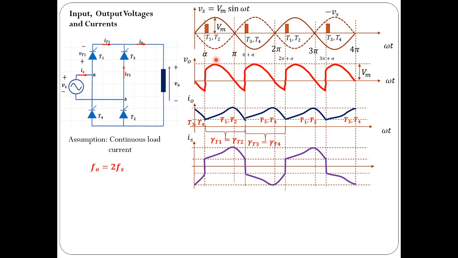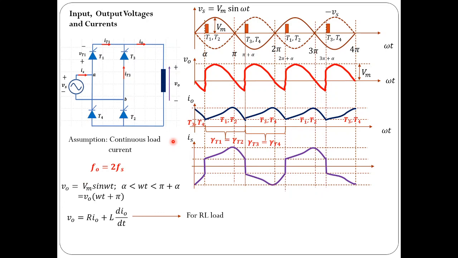In terms of angle, input voltage and current repeat every 2 pi radians, but output voltage and output current repeat every pi radians. So while computing the average value for output voltage or output current, consider only pi radians as the angle to complete one cycle. Considering average value or RMS value over pi radians is sufficient to compute the RMS and average values.